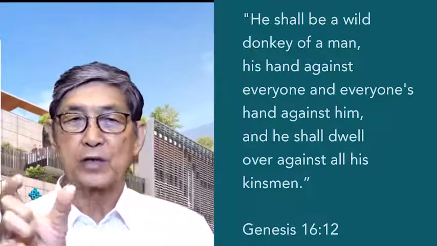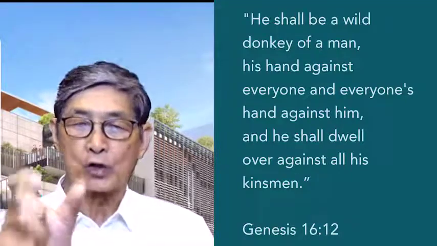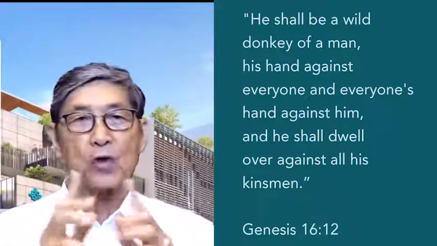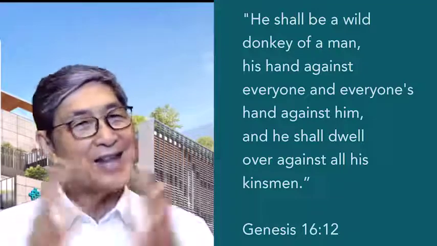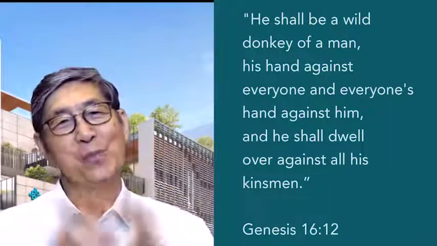Because the word actually in Hebrew is he will be a wild donkey. Now, a wild donkey in the time of Abraham was an untamable animal. Nobody can tame a wild donkey. Horses, easy. Tameable, not a wild donkey. All right, so two prophecies. He'll be a huge nation and he'll be a wild donkey of a man.